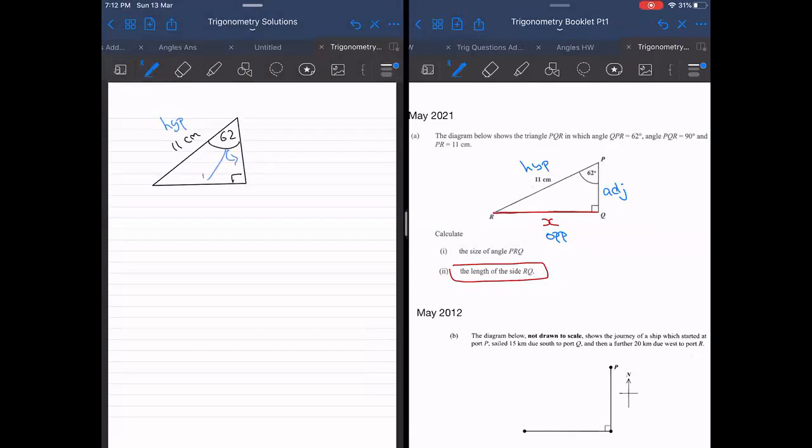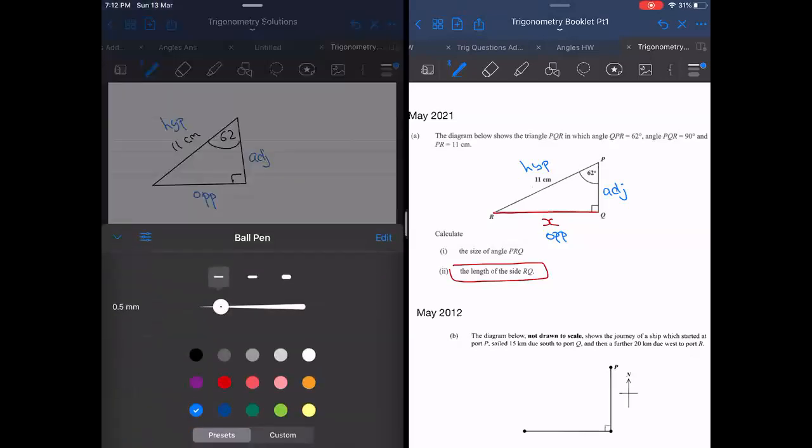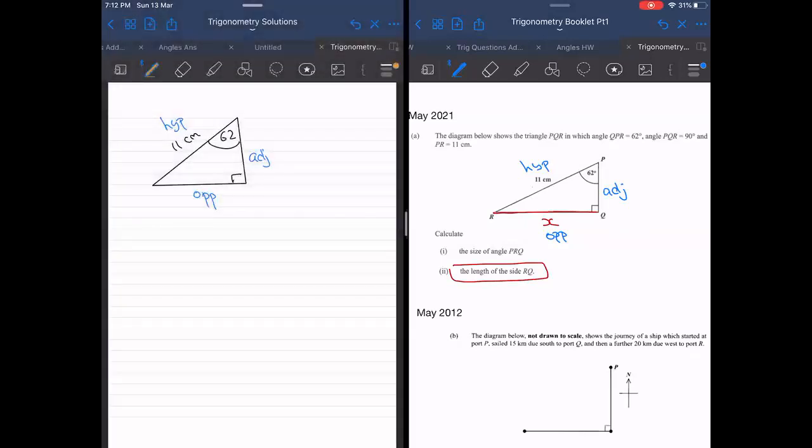That then leaves two sides, the adjacent and the opposite. You always want to think about, okay, what two sides am I working with?